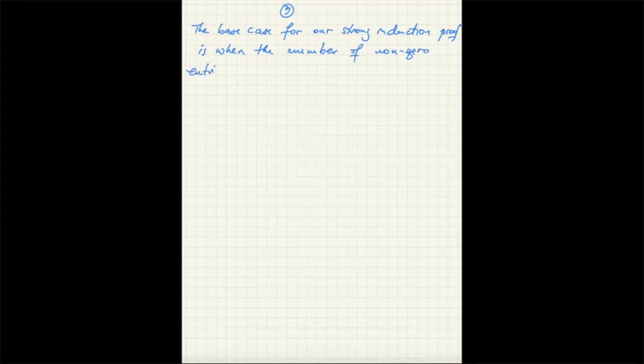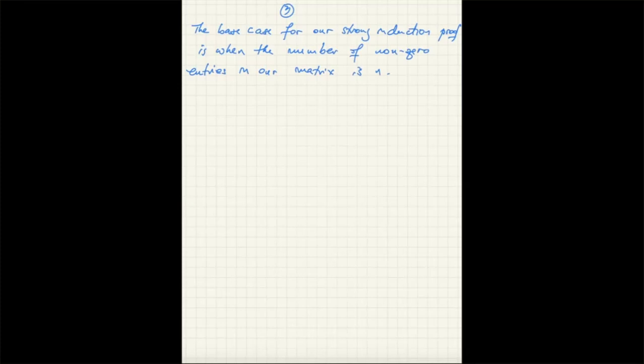So the base case for our strong induction proof is when the number of non-zero entries in our matrix is n.